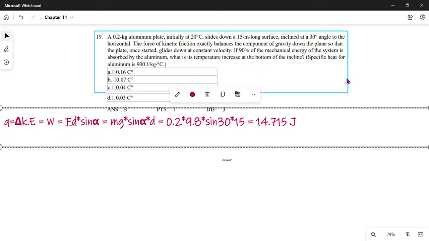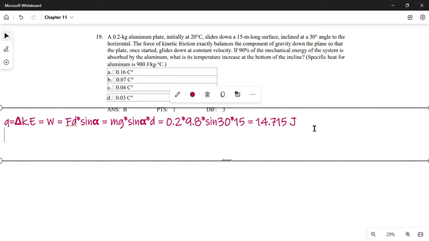so we will deal with 90% of this number, which is equal to 13.24 joule.